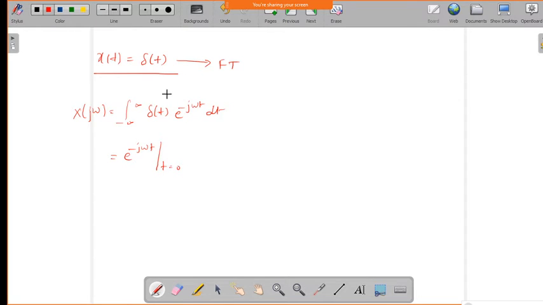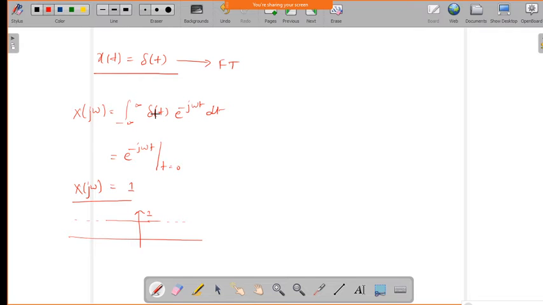This integral exists only when del of t exists at t equal to 0, so this will be equal to 1. So your X of j omega will be equal to 1 for all values of omega.